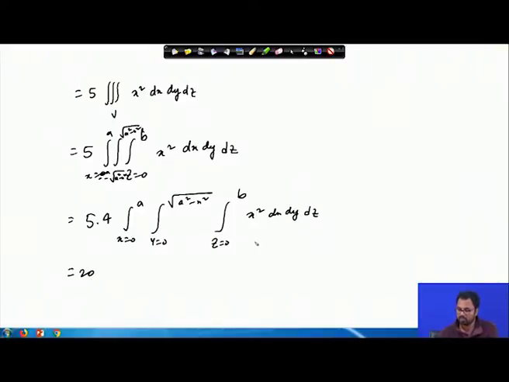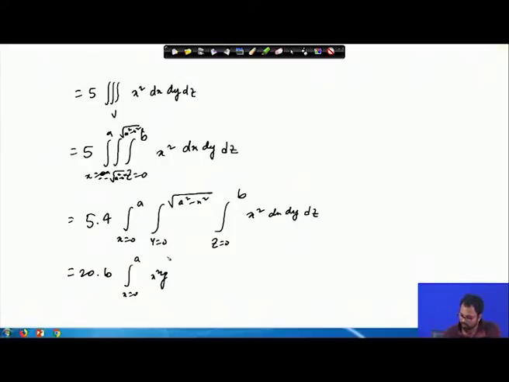So we can first integrate with respect to z, and this will be basically b, and then we can integrate with respect to y, and then this will be the integral with x running from 0 to a. If we integrate with respect to y, then this will be x square y. Sorry, we are integrating with respect to y.